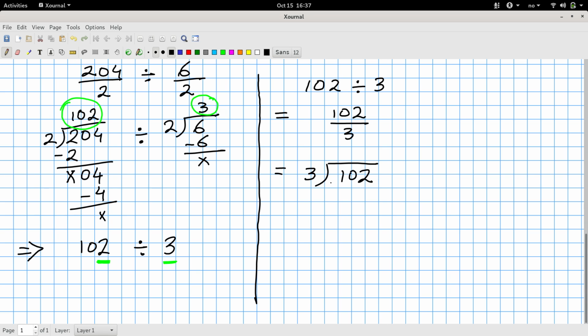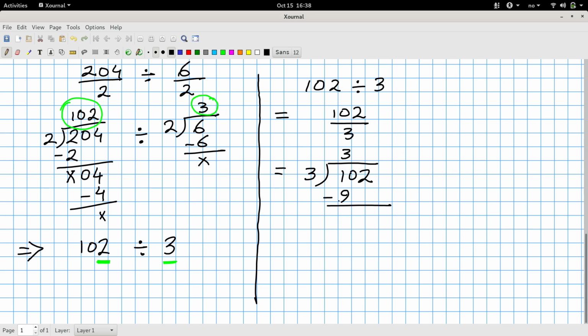Now we divide it. So first we take this first digit, which is 1. So 1 is definitely smaller than 3. So we just take the next number, which is 0, and it becomes 10, right? And we know that the closest number in 3's table is 9. 3 3's are 9. So that's what I'm going to do.